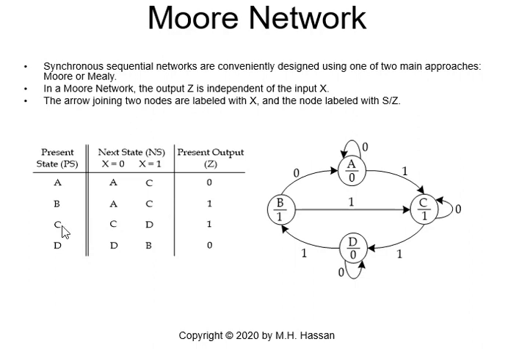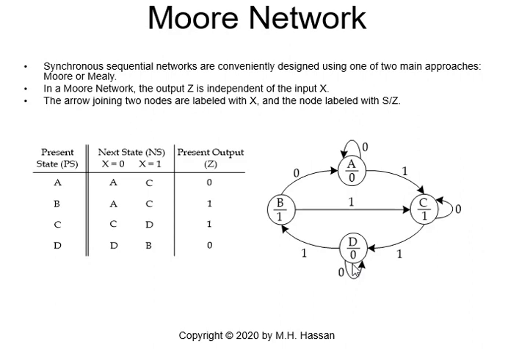If the network is in state C, the output will be 1. So again, I have a small circle with the letter C slash 1 because Z is 1. If the network is in state D, the output will be 0. Again, I will have a small circle with the letter D inside and slash 0 because Z is 0.